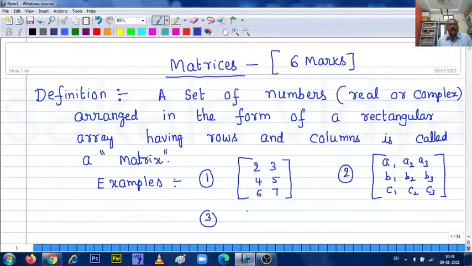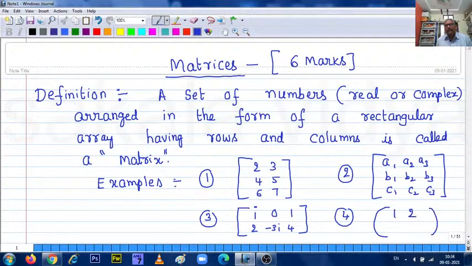Third example, with a complex number: i, 0, 1, 2, minus 3i and 4. You can use this bracket, or sometimes these brackets also, no problem. So you can write an example like this also: 1, 2, 3, 4. This bracket also we can make use of.